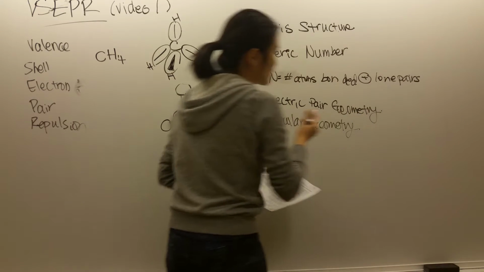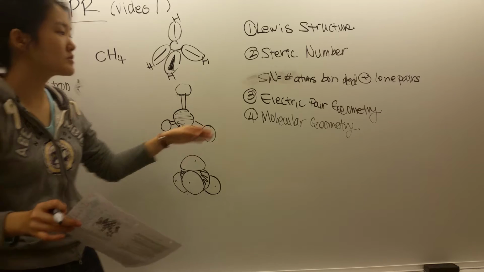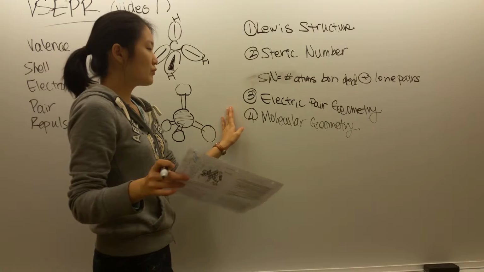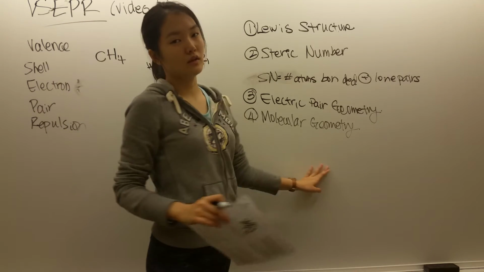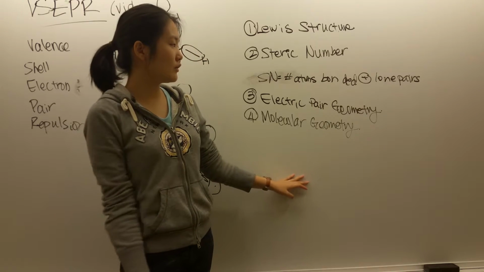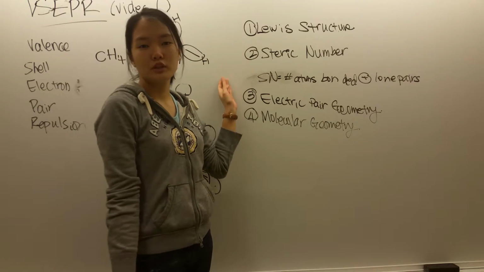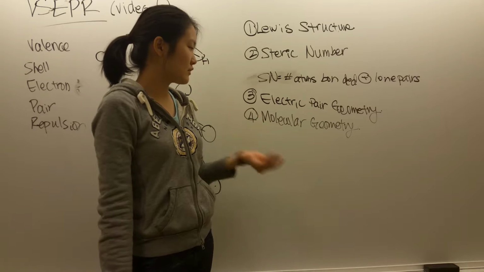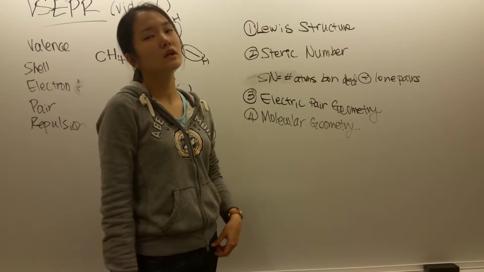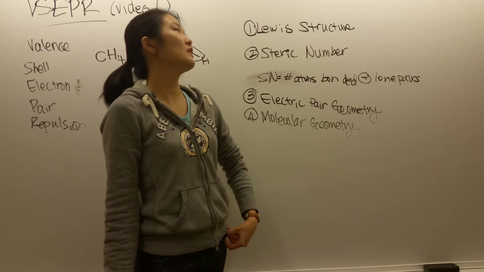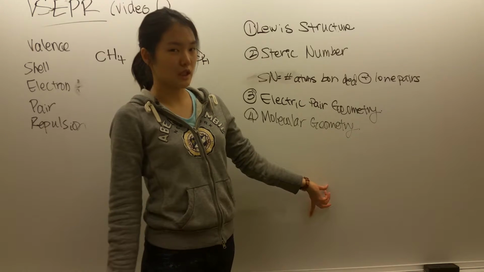You'll see exactly why later when I do the problems, but to get to molecular geometry, you have to build up to it. I guess you could just go into it, but it's a lot easier if you redraw it a few times.